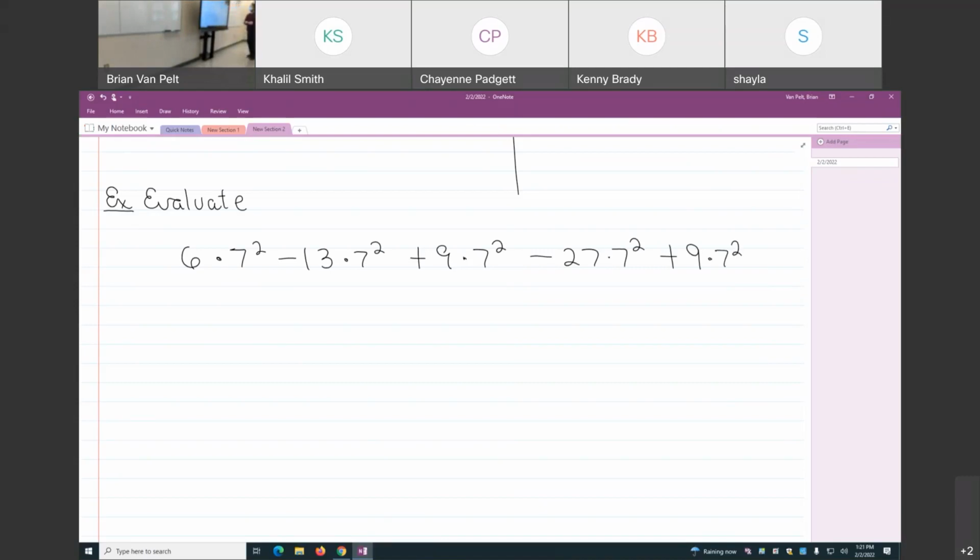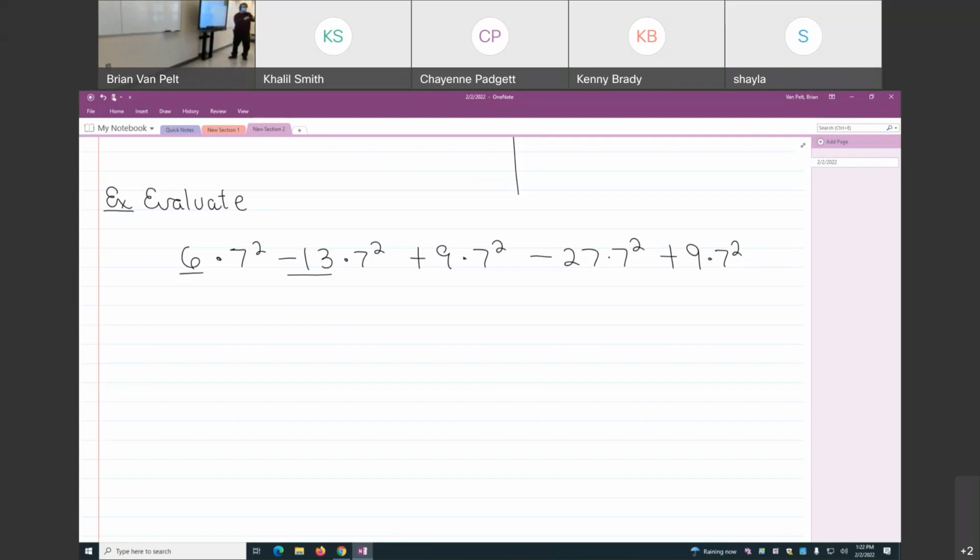All right. How would you do this one? Exponents first. That's a lot of exponents, isn't it? They all have the same thing attached to them, don't they? They all have 7 squared attached to them, don't they? So in fact, I can concentrate. What's 6 minus 13? Not quite.